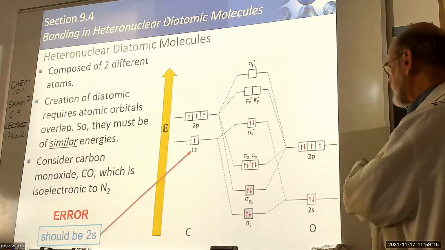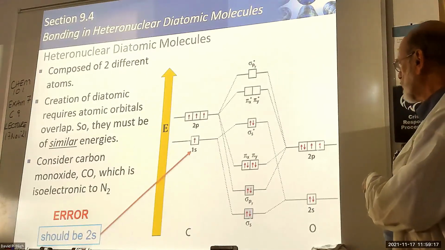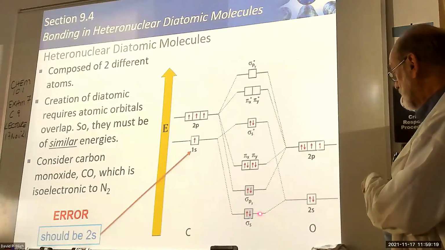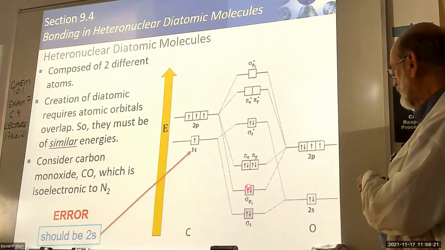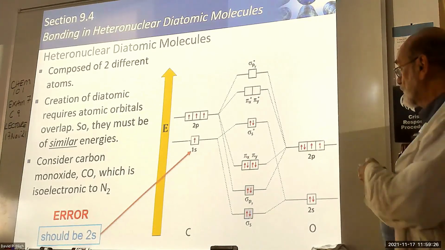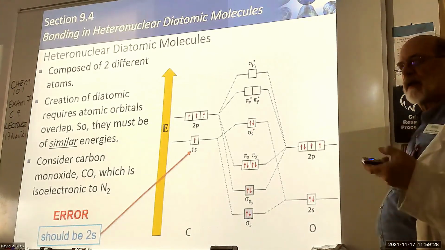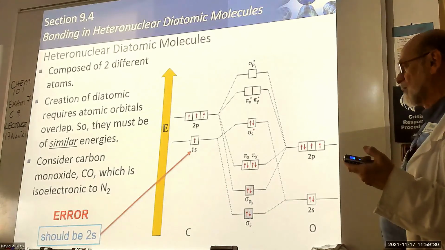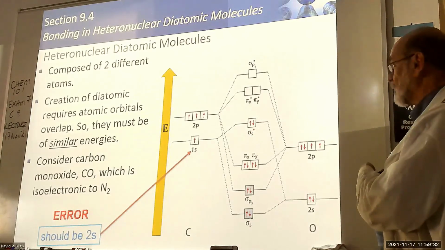If we do the bond order, we've got 2, 4, 6, 8. We've got 8 bonding electrons and 2 non-bonding. So 8 minus 2 is 6, divided by 2 is 3. So this should have a triple bond in it.